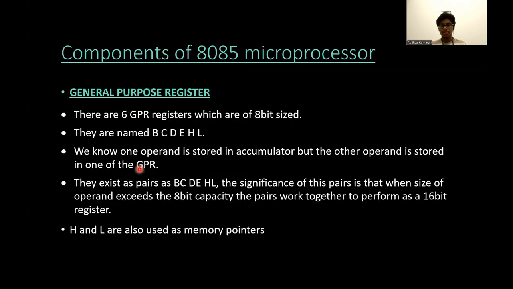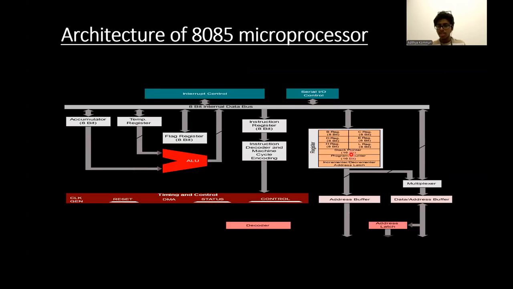Program counter. Below the stack pointer we have the program counter, which is also a 16-bit register. It will hold the address of the next instruction which will be performed by the microprocessor. We know that in an instruction cycle, first we need to fetch the instruction, then decode it, then execute it.